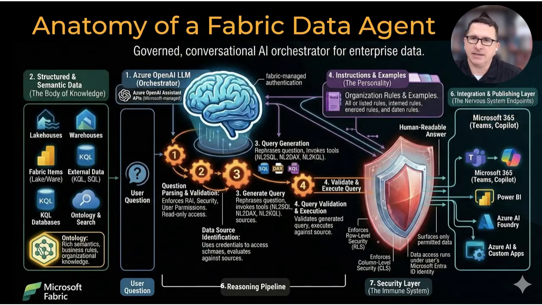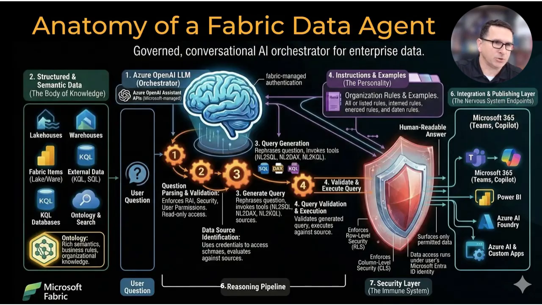At the highest level, the first piece to talk about is this. If we're talking anatomy, we want to understand where the brain is. The brain really is this AI or LLM layer that is going to orchestrate and leverage generative AI to work with our data. It's leveraging all the Azure OpenAI APIs under the hood and behaves like an agent, right? It processes those user questions.